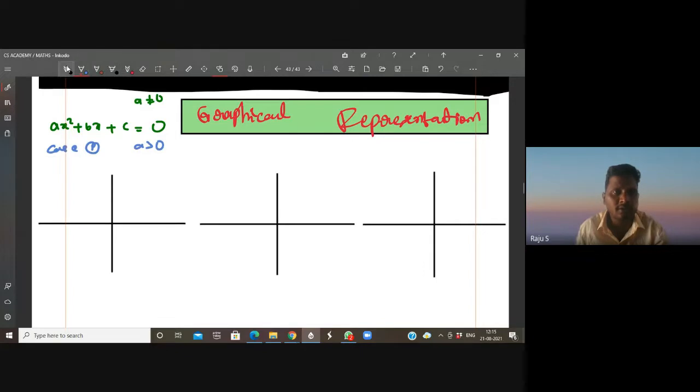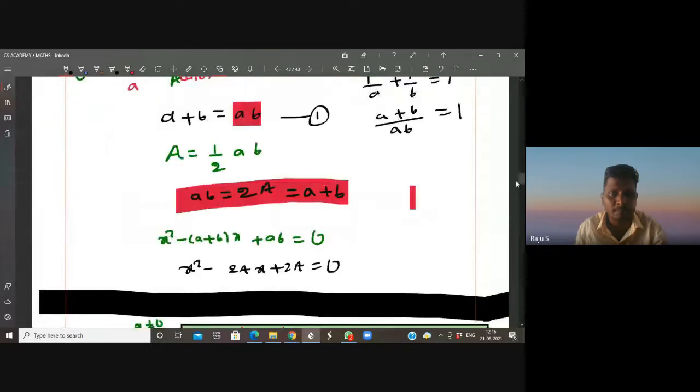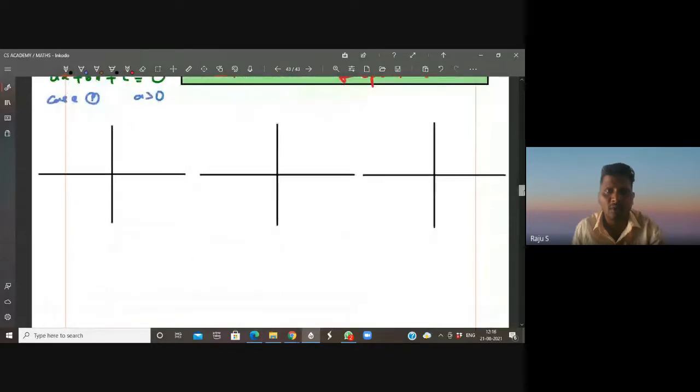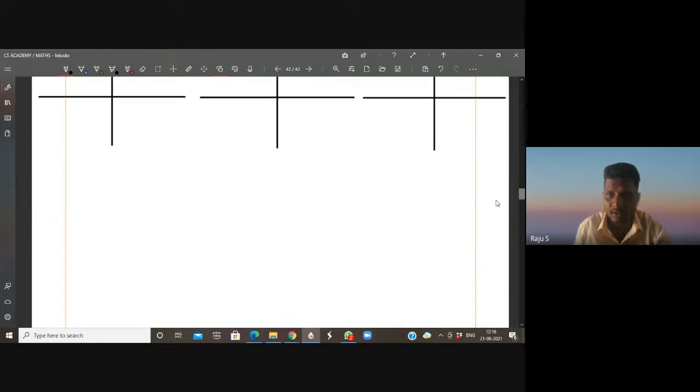A is greater than 0 means, see, every quadratic equation represents a parabola. Do you know parabola? It is a conic section. What is the shape of the parabola? It is a U-shaped curve. The parabola may open upwards or downwards, or open right side and left side.